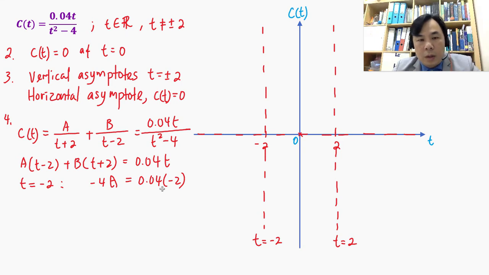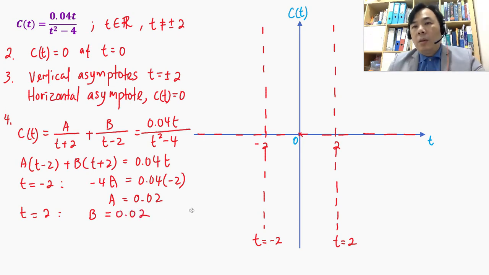And then, therefore, your a will be 0.02. And then do the same thing for t equal to 2. So if you substitute 2, then your b will also be 0.02. So therefore, both your a and b are 0.02.